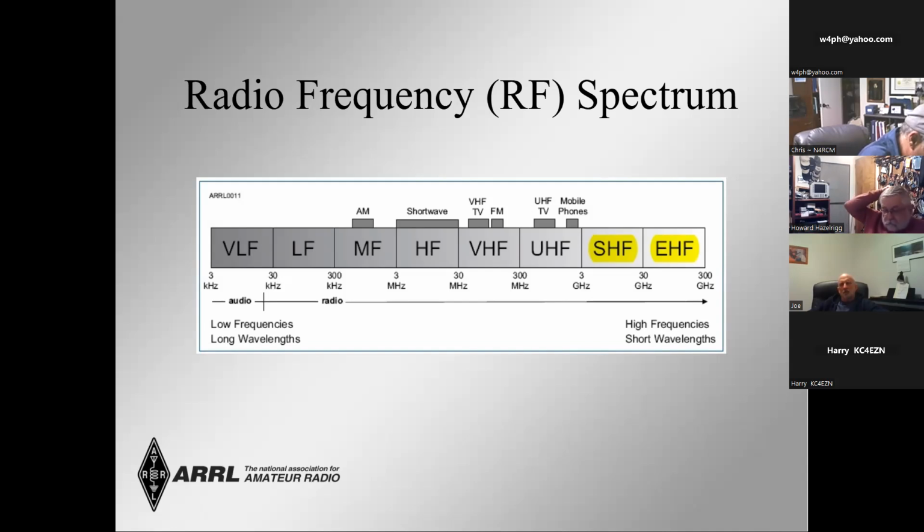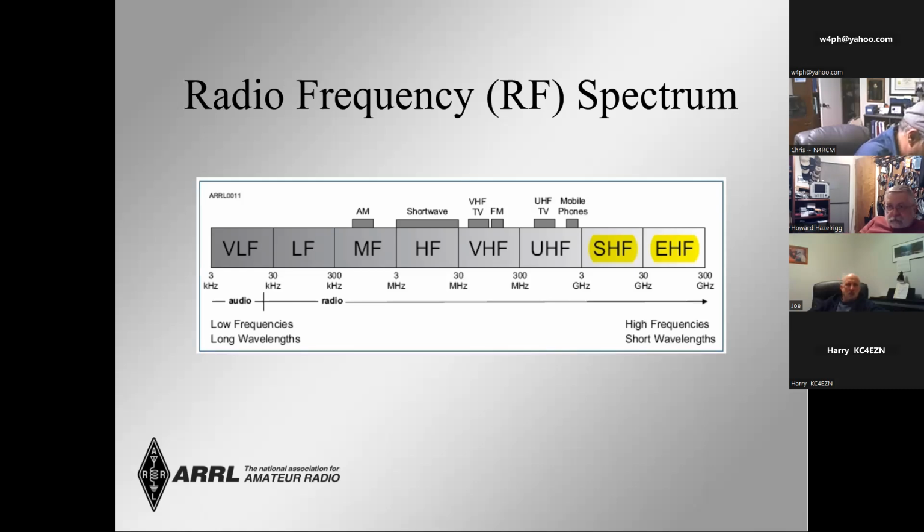Most of this is in the actual audio range that you could hear if it was a signal that way and you ran it into a speaker. Then low frequency is 30 kilohertz to 300 kilohertz.